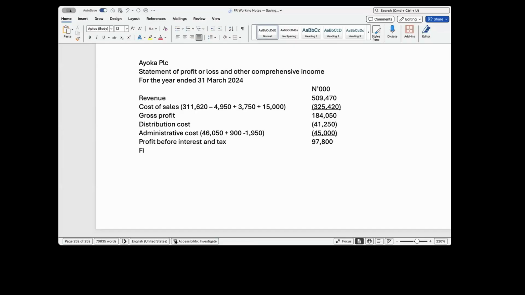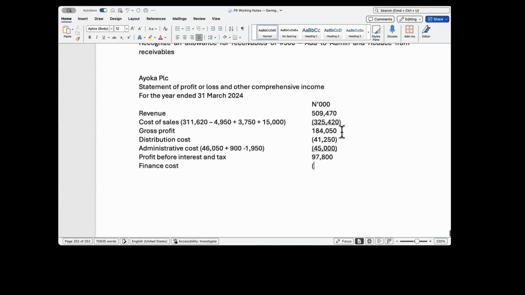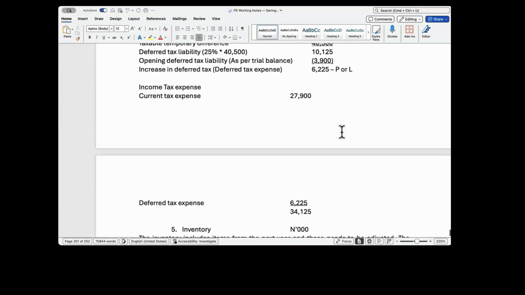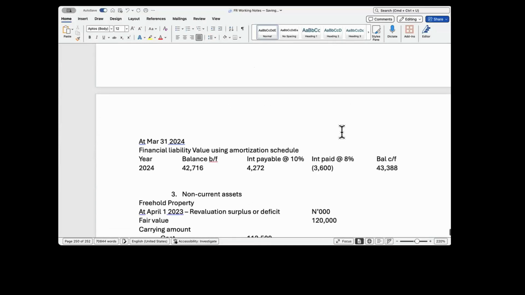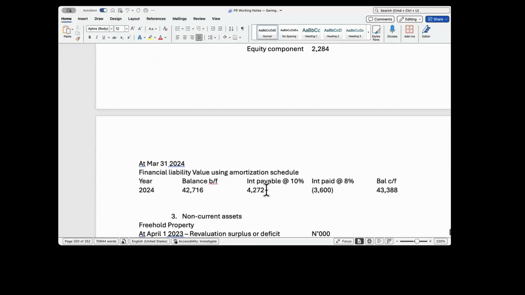Then afterwards, you have our finance costs. We already established that our finance cost is the figure we computed in our P&L, when we were doing the convertible loan notes, this 4,272 that we did here.